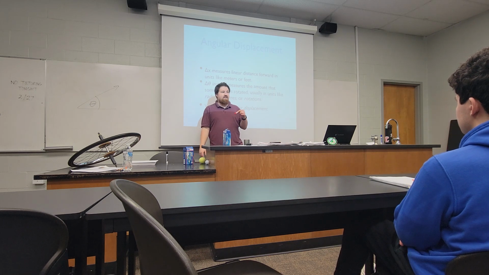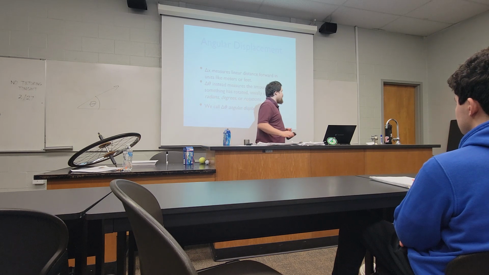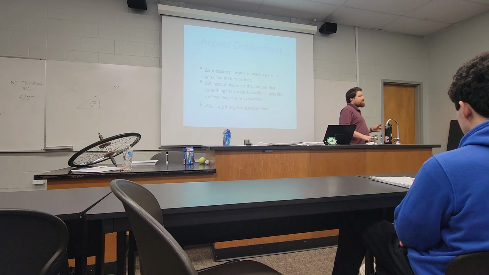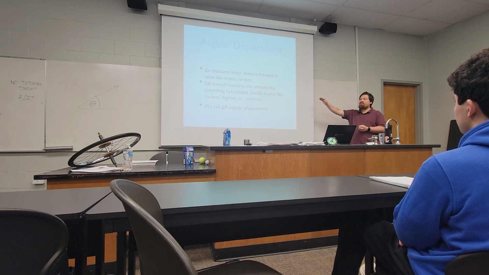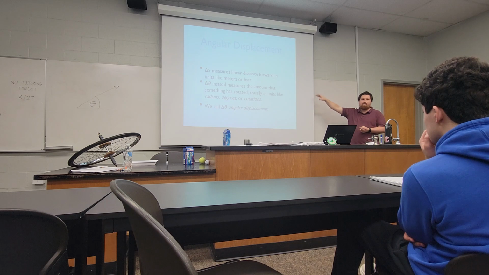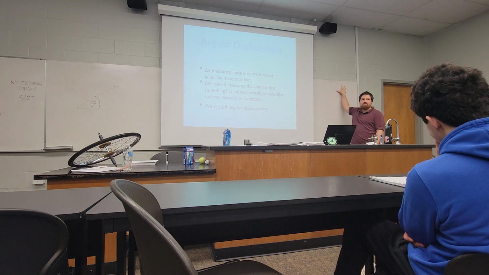Radians is just a different unit for the same thing. Again, the relationship between degrees and radians is like the relationship between feet and meters. And since these are all three different units for describing angular motion, I'm going to make sure that the conversion is on the board for you.